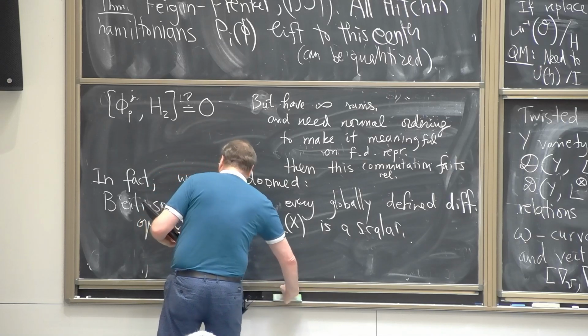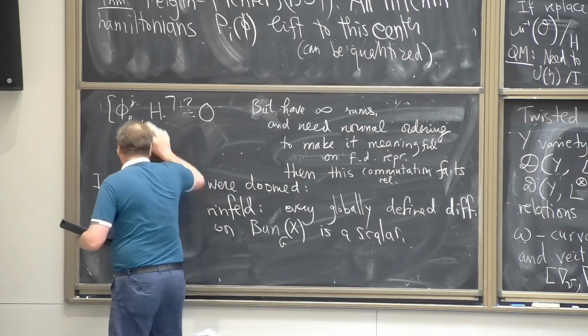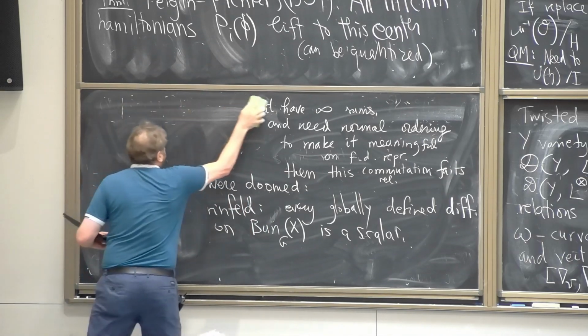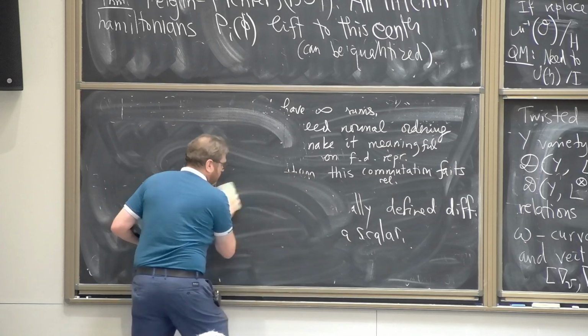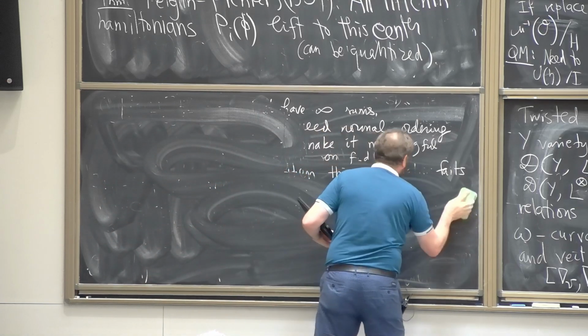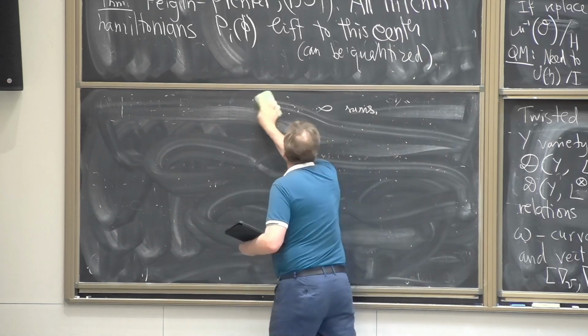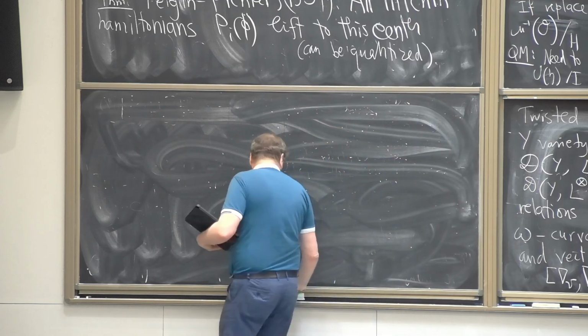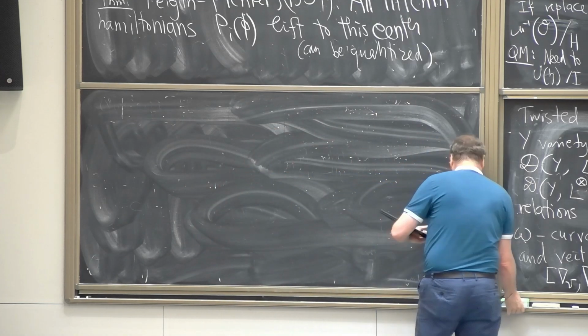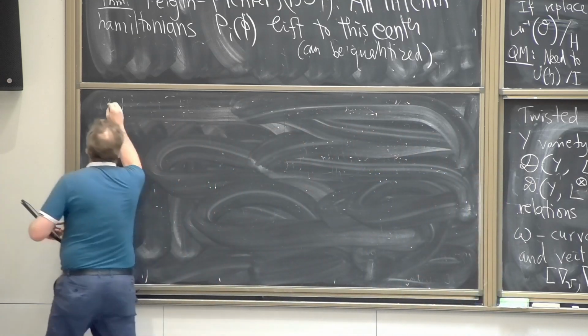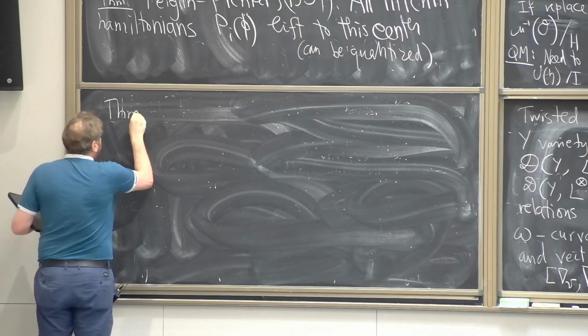So maybe let me explain what is going on with the quadratic element. But before that, I will formulate the theorem of Beilinson and Drinfeld, which is proved in their still unpublished book.